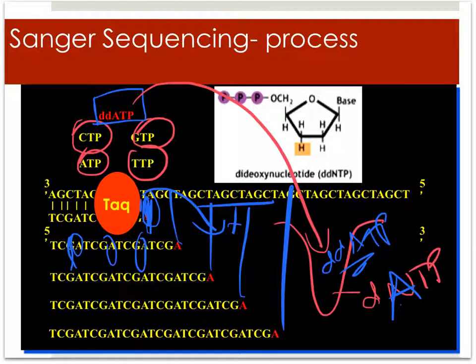The same holds true in your four reactions: the dideoxy TTP, the dideoxy CTP, the dideoxy GTP as well. So you will have a combination of fragments with one base pair difference, short and long. Then you know which one comes first, so you can order them and sequence your DNA.